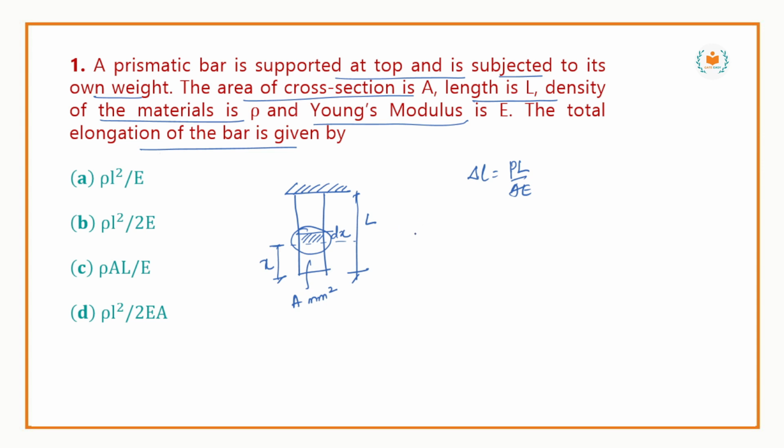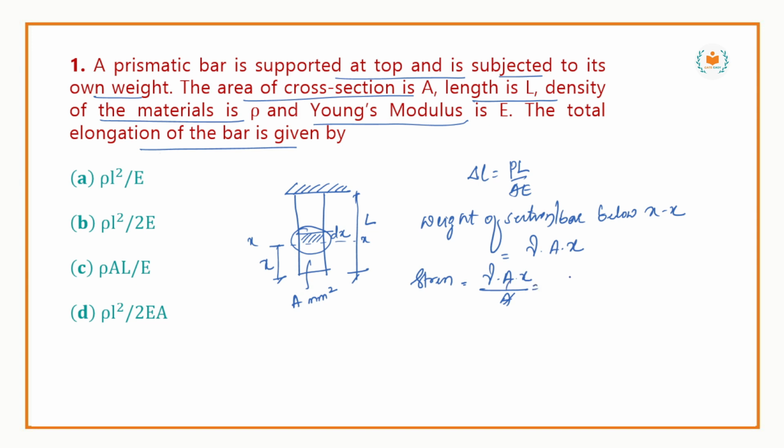When we consider the section xx here, we first take the weight of the section, or bar below xx. We take it as the density multiplied by the area into x. We also calculated the stress, which we write as gamma A x divided by the area, so it ultimately results in gamma into x.